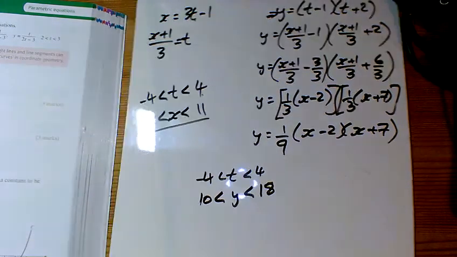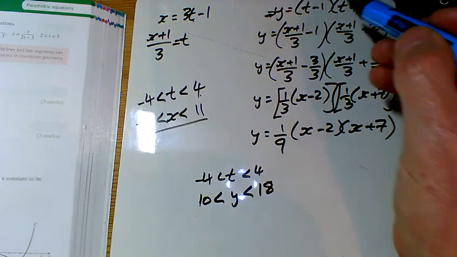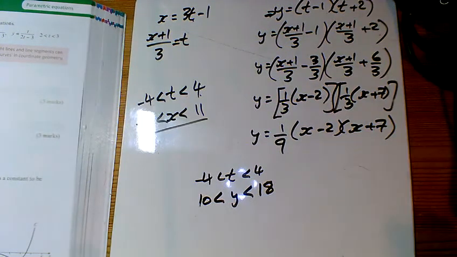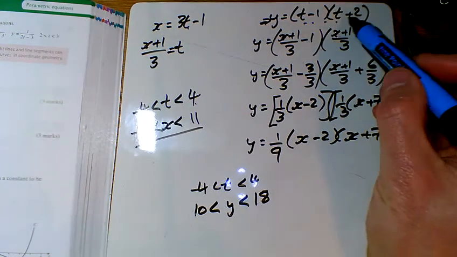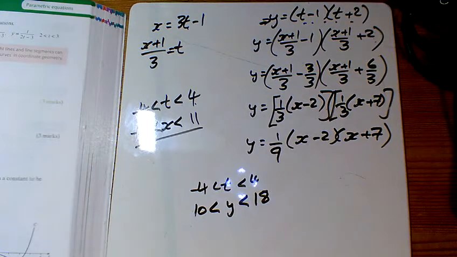You might think it's going to be between 10 and 18, but of course it's a quadratic again. So what you could do is just tap that into your equation solver and get the maximum or the minimum value.